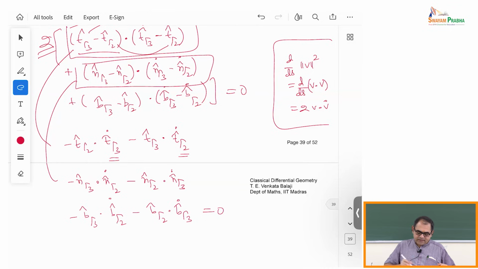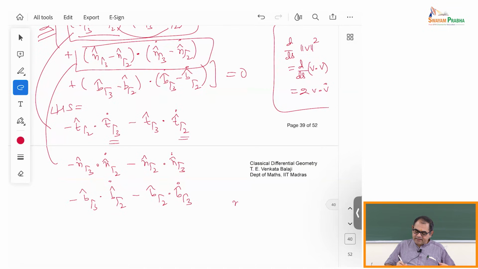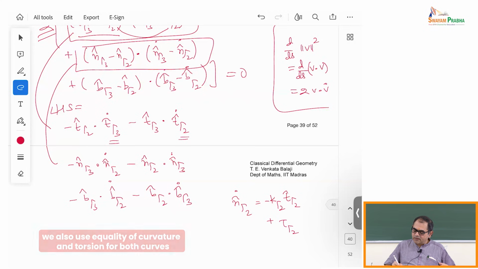Let me say LHS is this, but now you use the Frenet-Serret differential equations. What is n cap dot gamma 2? It is minus k gamma 2 t cap gamma 2, plus tau gamma 2 times b cap gamma 2.